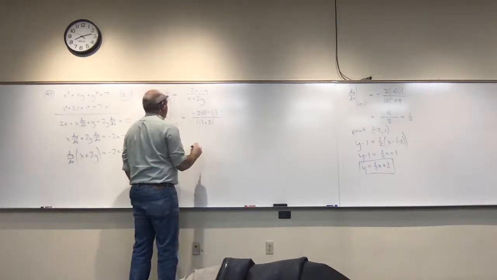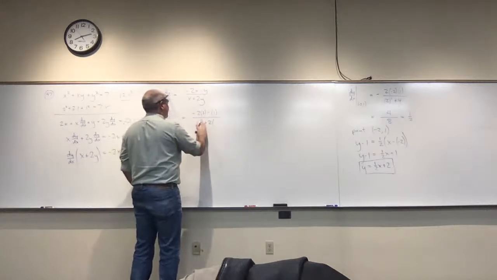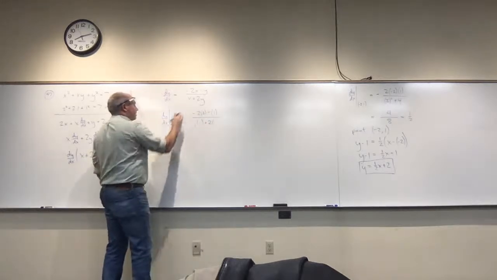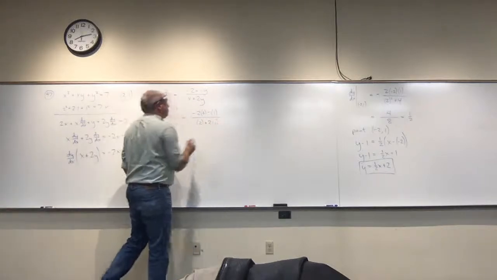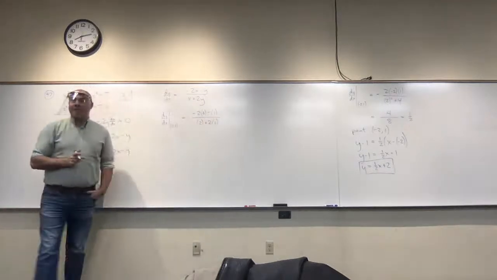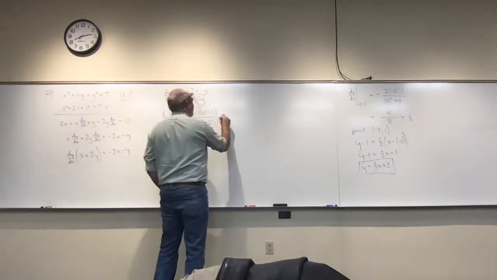Oh, what am I doing? Did I mess that up completely? No, the top was fine. This I just messed up. So x is 2, y is 1. Yeah, that seems okay.